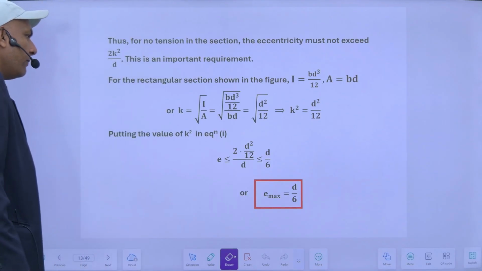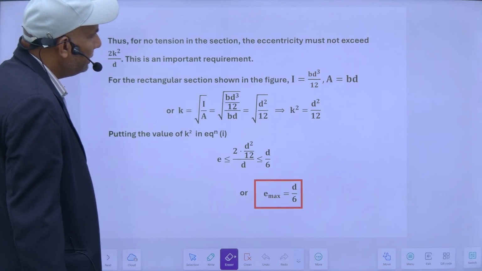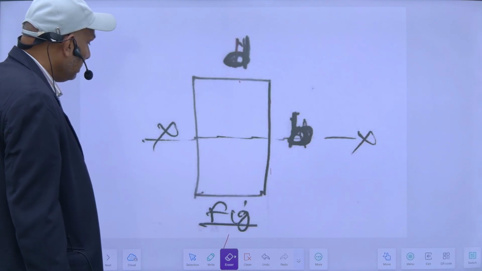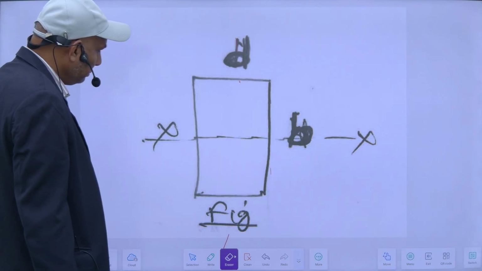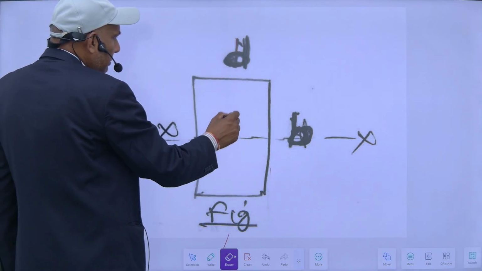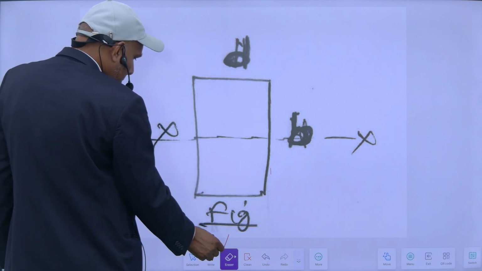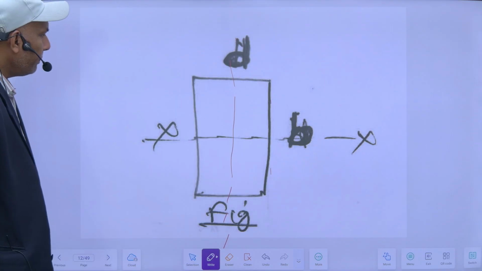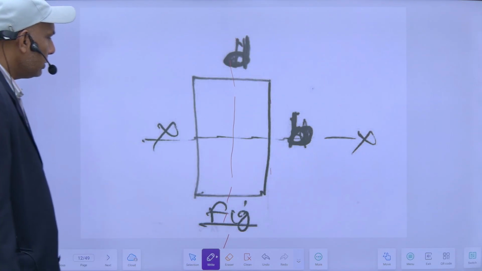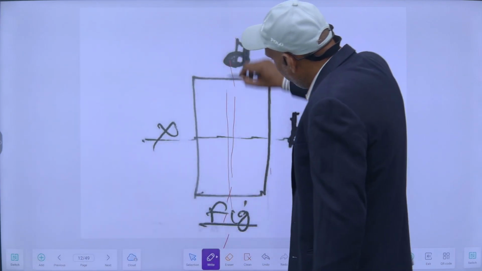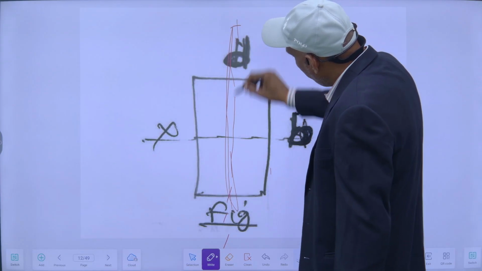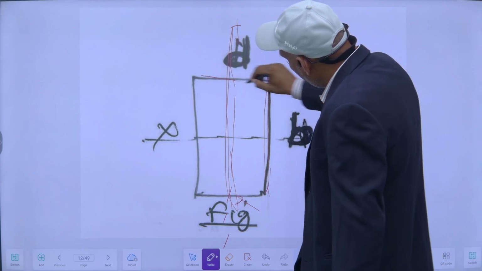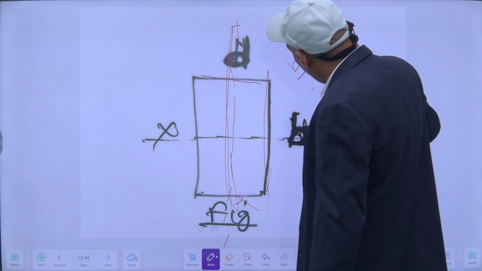So this is an important requirement. For a rectangular section shown in the figure, what is my I? Suppose this is the section. The moment of inertia about this axis will be B into D cube upon 12, BD cube upon 12.